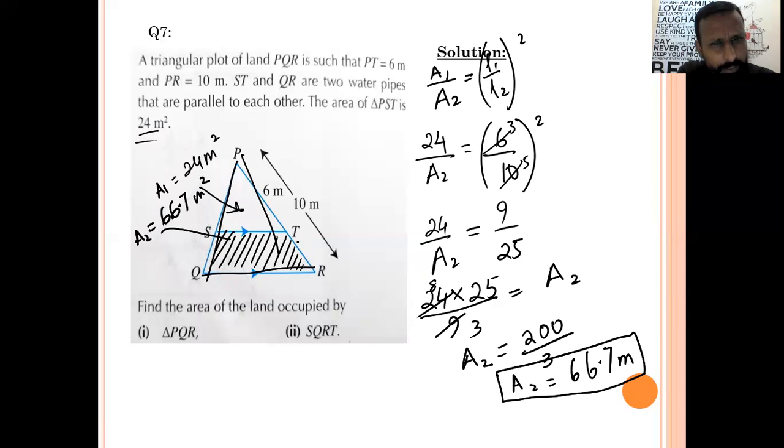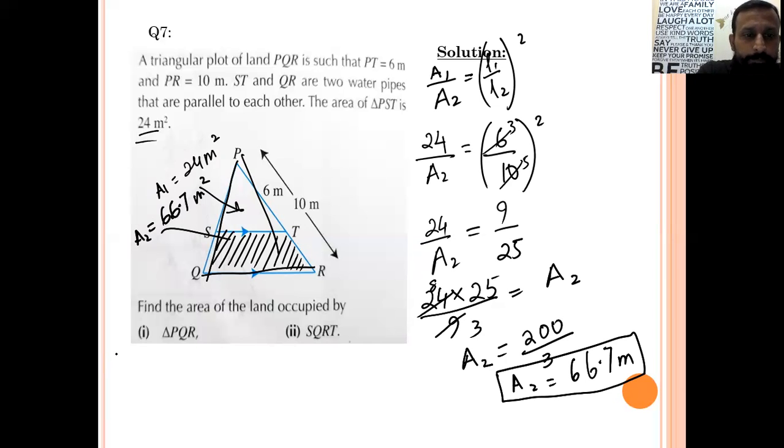You can apply the concept of finding areas of the shaded parts by subtracting the two similar figures. Now that is triangle PQR minus triangle PST. This will give you the area of the trapezium SQRT. So I'm doing it here.